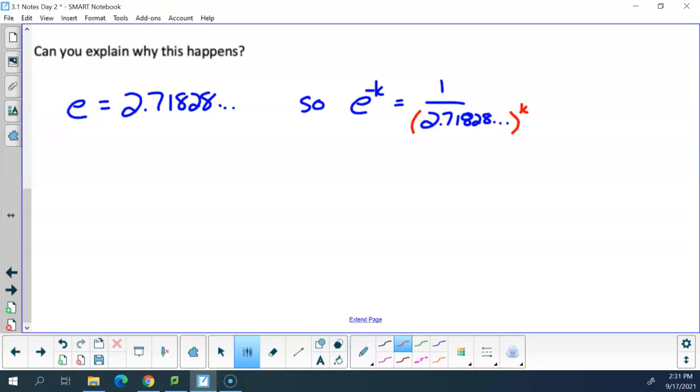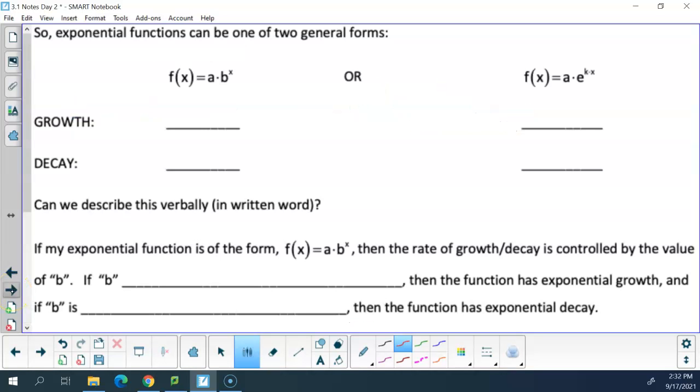Fractional exponential logic. Okay. So let's compare the two. Yesterday, today. B is bigger than 1. Makes it grow.